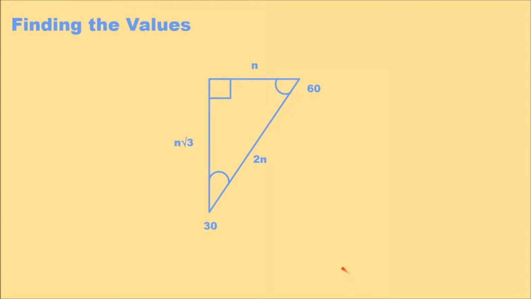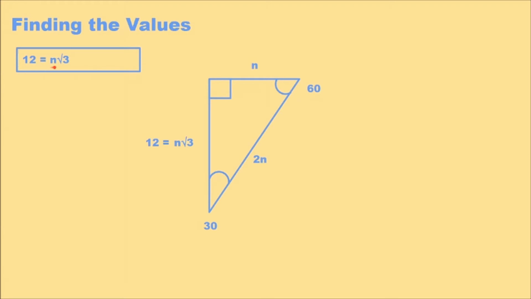Now let's find the values for an example of a 30, 60, 90. Looking at this, we want to figure out what each of the values are. We know that 12 is equal to n times the square root of 3, so everything else has to be based on that. How are we going to isolate the n?